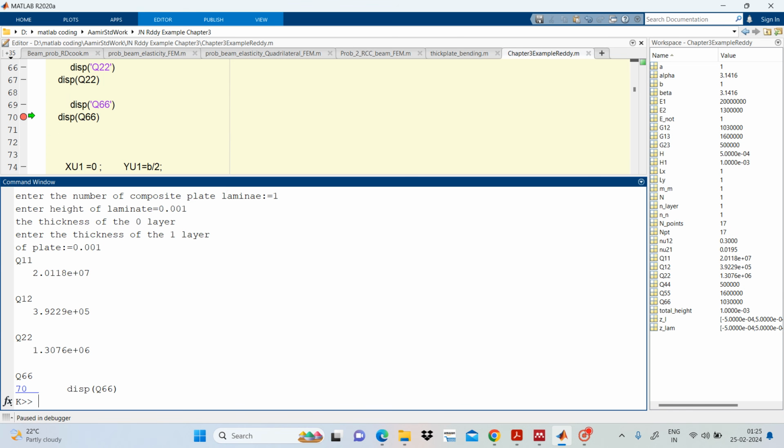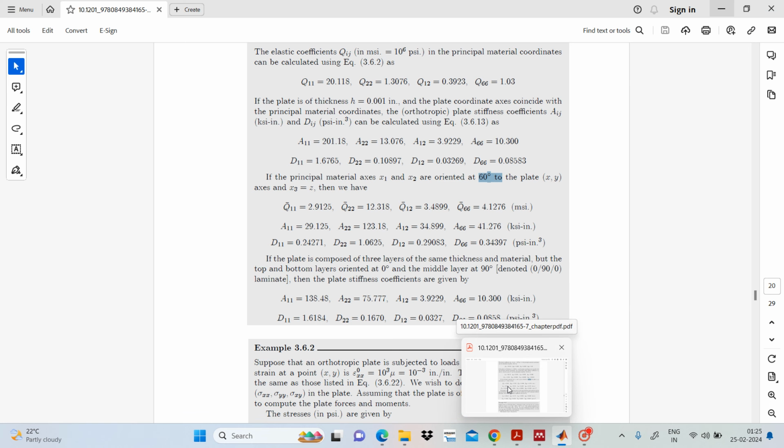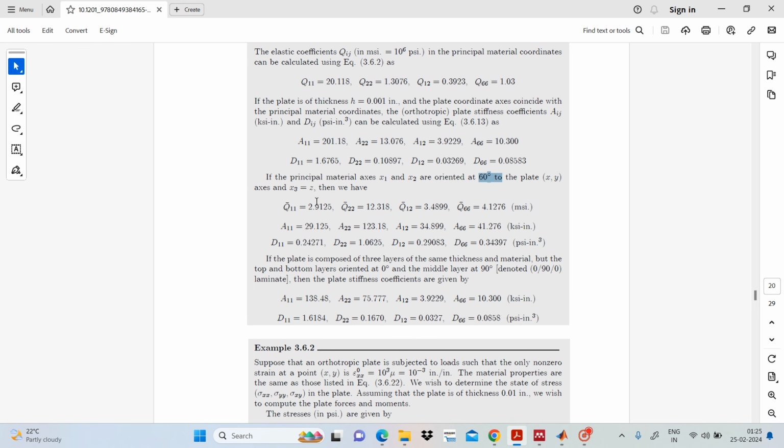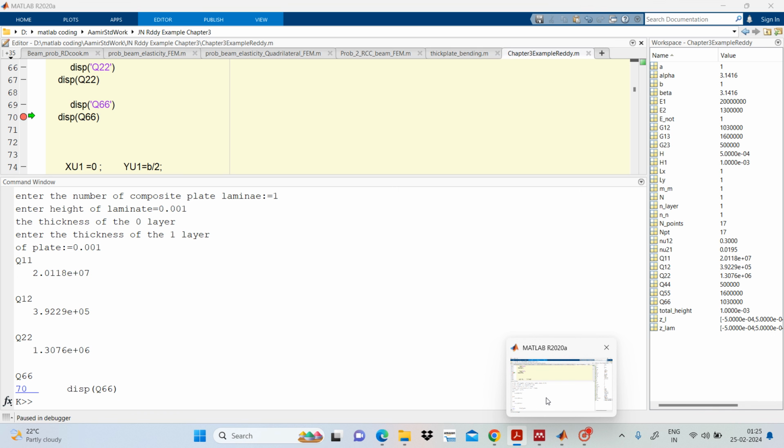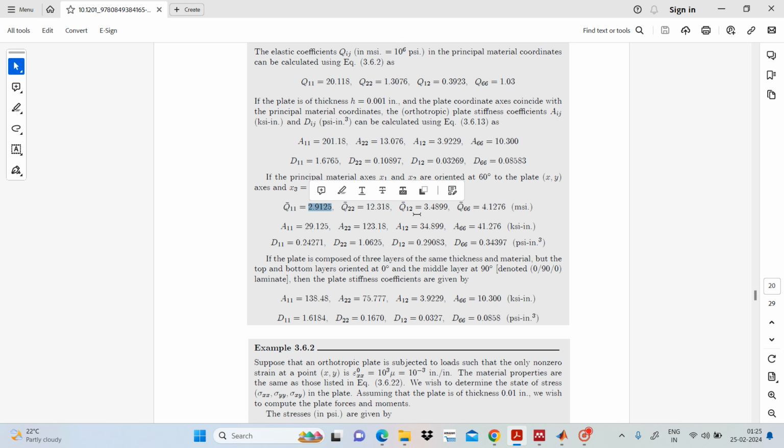So the Q matrix is given here. Let's see whether it has given the Q value. Yes, for the 60 degree it is given here. Q11 bar is 2.9125, whereas Q11 was 2.0118, so it's almost the same value.